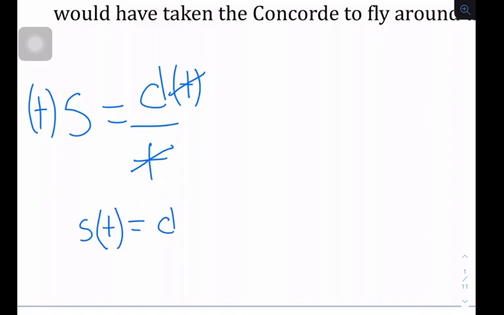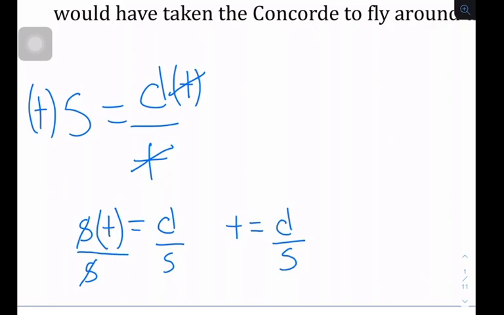We have to do one more thing, and that's to get rid of speed on the left side. Because speed's being multiplied by time, to get rid of it, we do the opposite, which is division, again the opposite of multiplication. Speed divided by speed cancels. So time is equal to distance divided by speed.